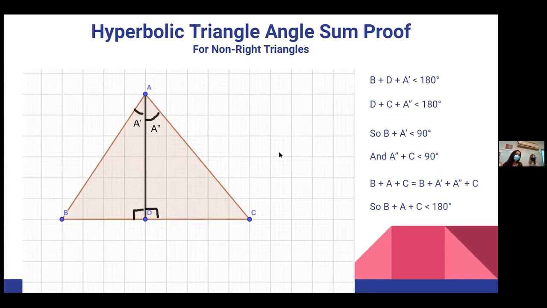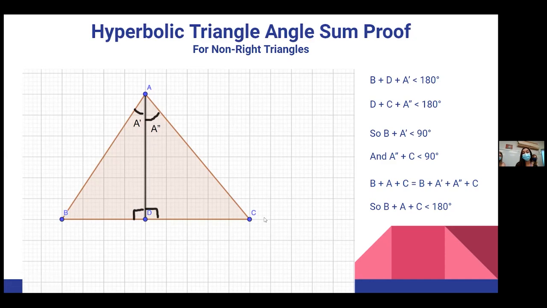So now that we have 2 right triangles, like Aaliyah had just proven for right triangles, the interior angle sum is always going to be less than 180 degrees, which means that looking at this first right triangle ABD, these 2 angles A prime and B have to have a sum of less than 90 in order for the entire triangle to be less than 180 degrees. And the same goes for this triangle.